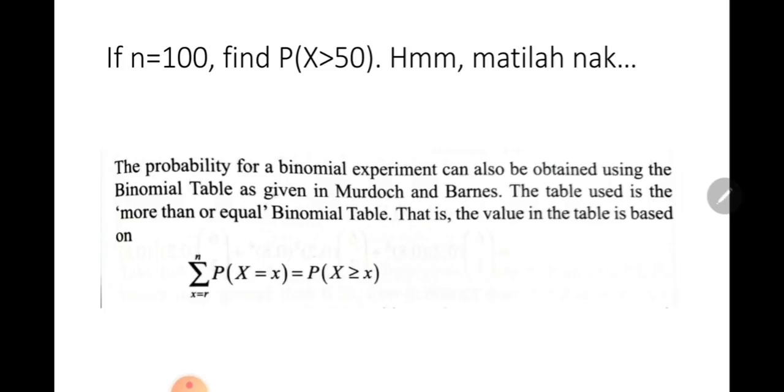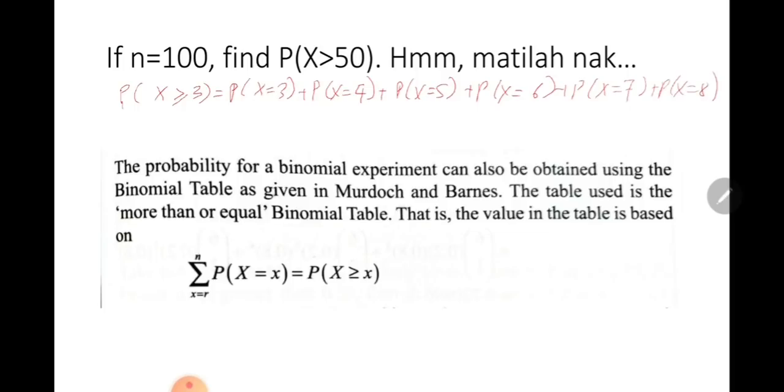If you want to find the probability of getting head greater than or equal to 3, what you are going to do is add P(X=3) plus P(X=4) plus P(X=5) plus P(X=6) plus P(X=7) plus P(X=8). But this is rather long. It is better to do 1 minus P(X less than or equal to 2), right?